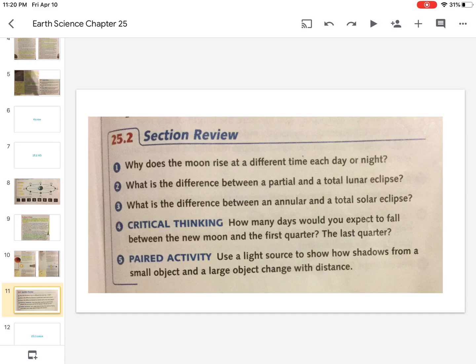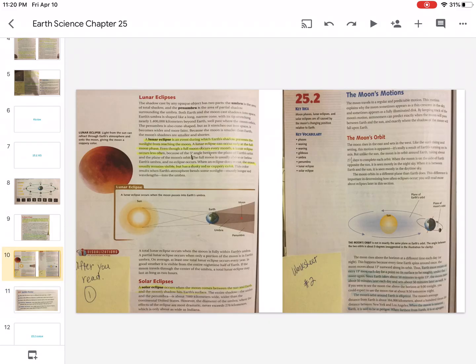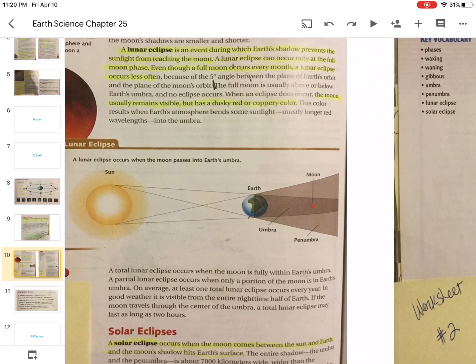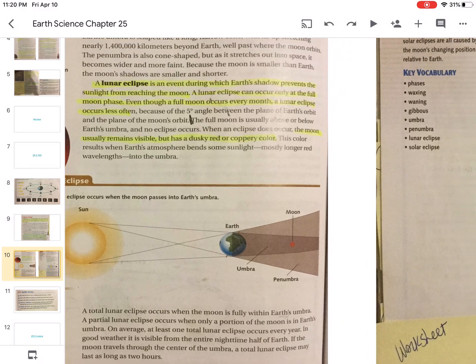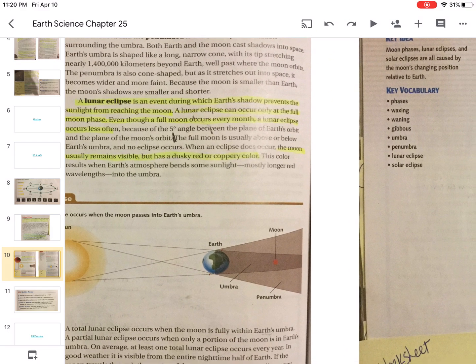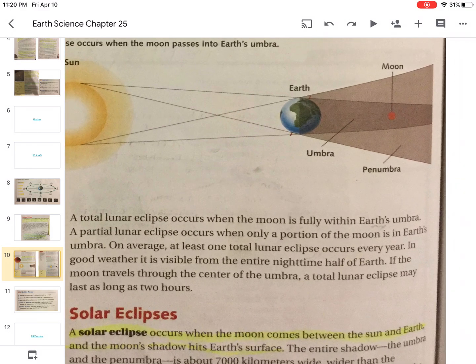Number two, what is the difference between a partial and total lunar eclipse? So now we are on 564, and it is right here.